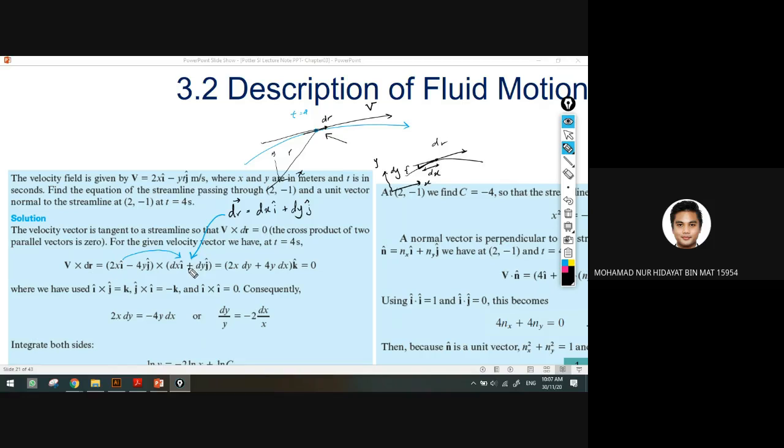I with I, you solve 2x dx I. And then you solve this one with the other one: 2x multiplied with dy, i cross j.